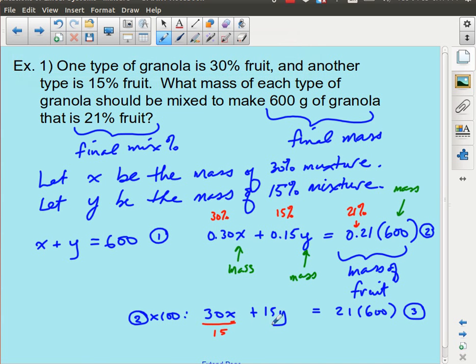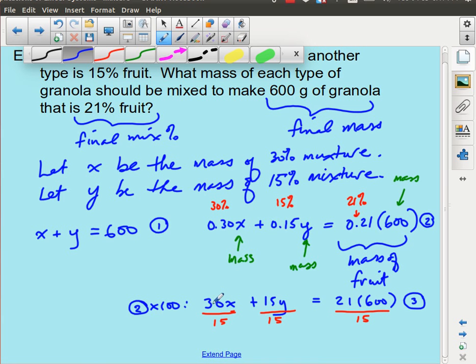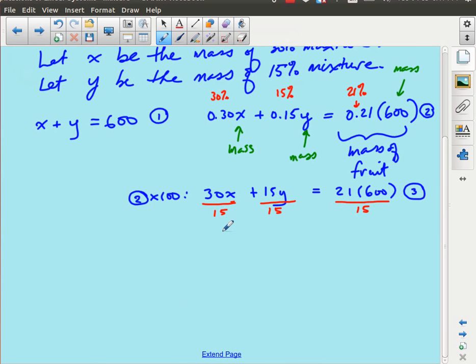If I divide both sides, left and right, everything by 15, I get a pretty nice result. 30x divided by 15 is just going to give me 2x, plus 15y divided by 15 is just going to give me y. And I said that 15 goes into 60 4 times, so if 60 divided by 15 is 4, then 600 divided by 15 is equal to 40.